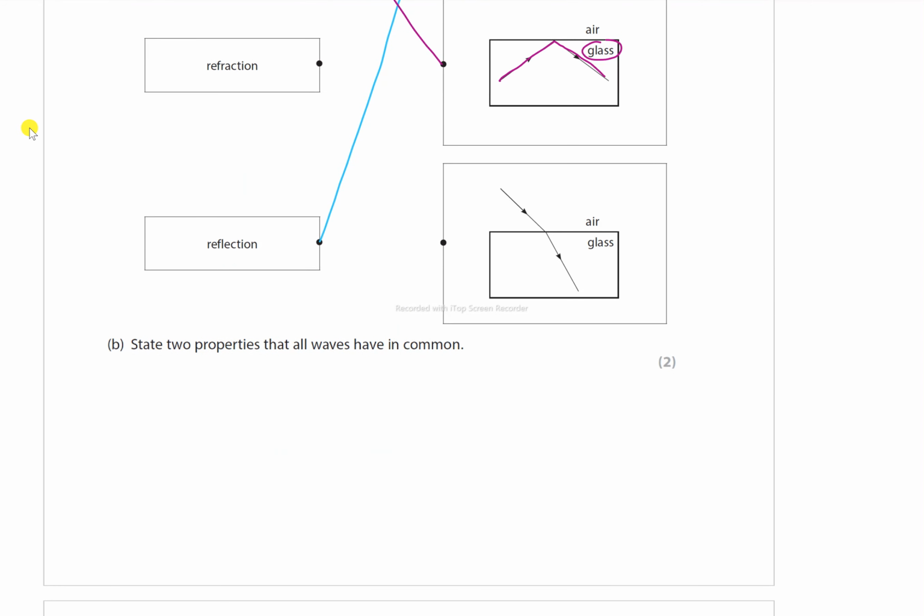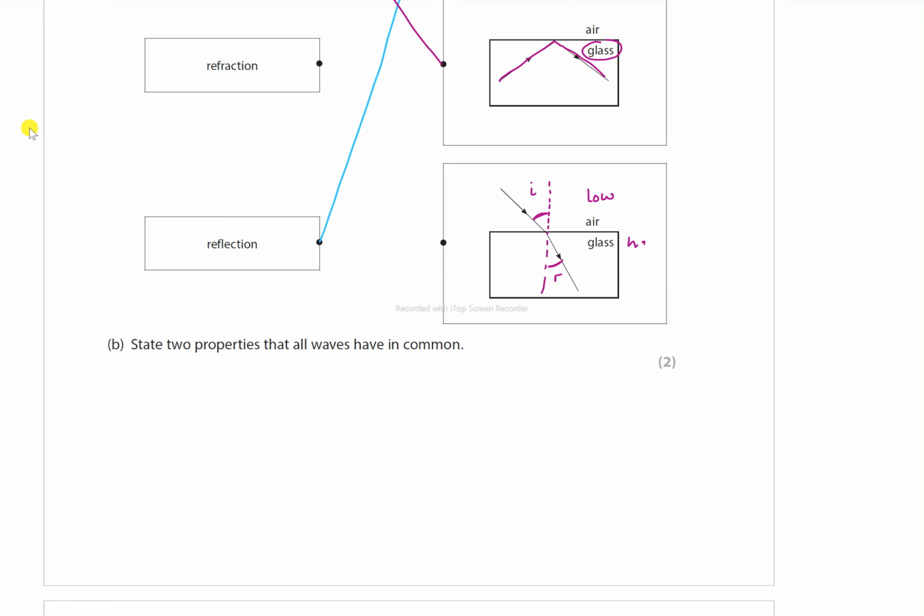So you've got that there is total internal reflection. Now, remember I got this wrong on the last one, so let's try to get it right now. So we're going from low to high, so it's going to bend towards the normal. That is the angle of incidence. This is the angle of refraction.